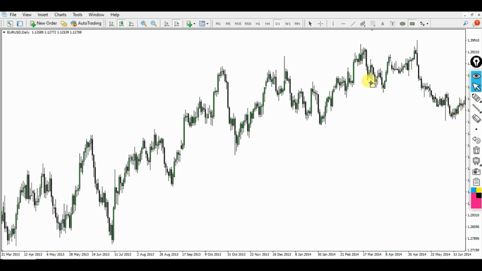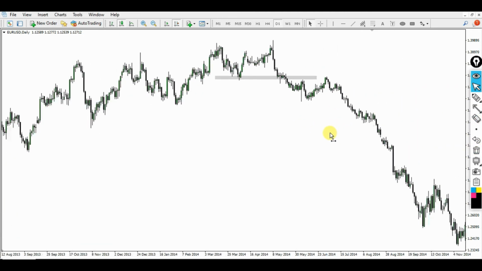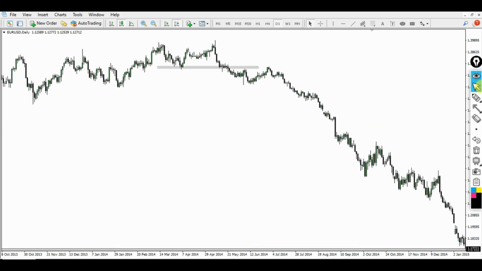Let's see an example of trend reversal. If the market breaks this higher low, the trend can change, from up to down trend. The market has broken its higher low. Now it will make lower lows and lower highs. Now see, the whole trend has changed. And the market is continuing its downtrend.